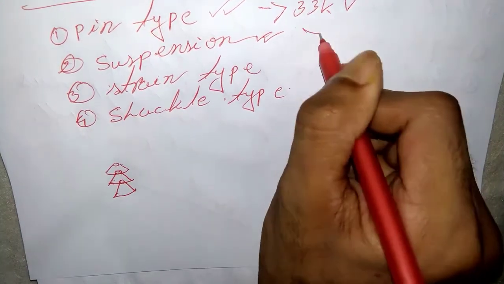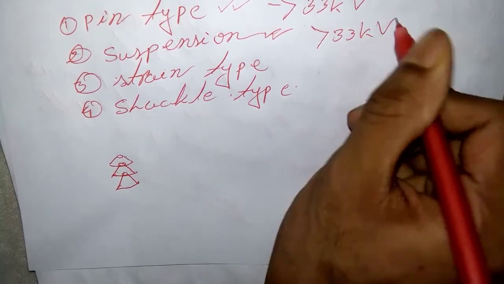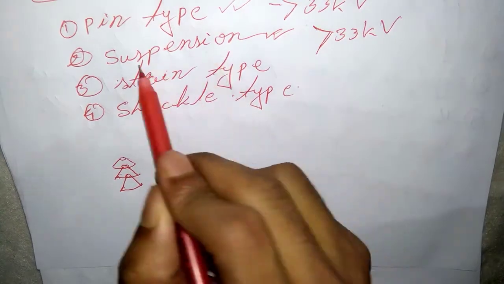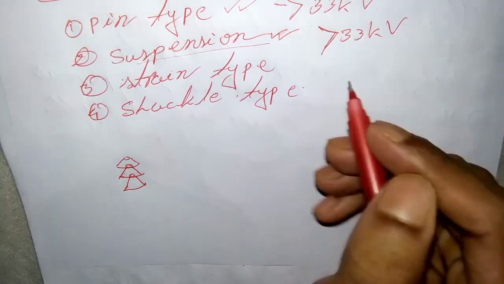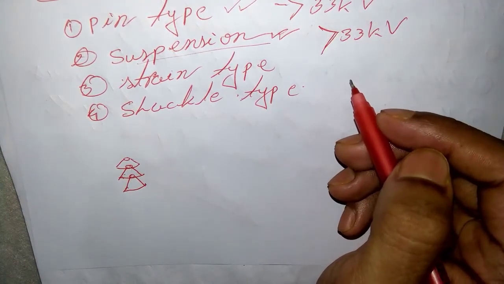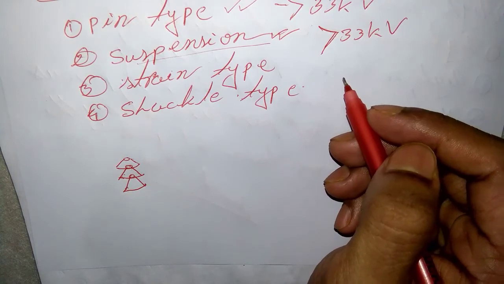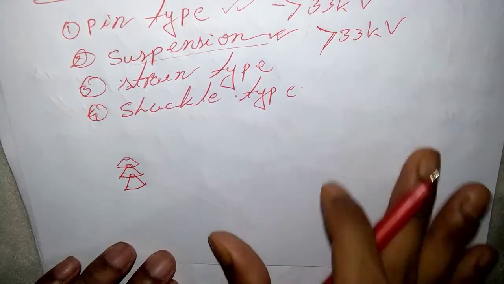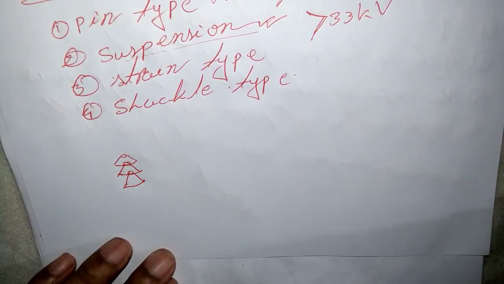For high voltages beyond 33 kV, it is usual practice to use suspension type insulators, which consist of a number of porcelain dishes connected in series by metal links in the form of a string.